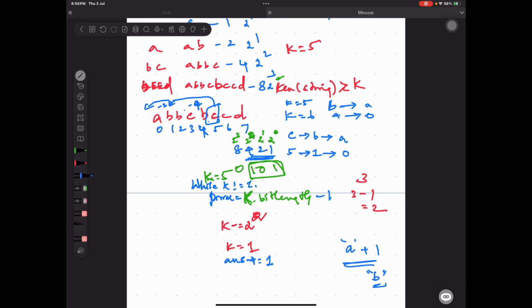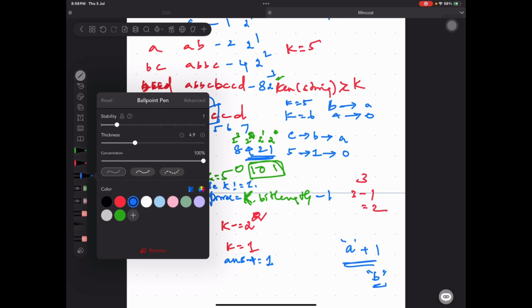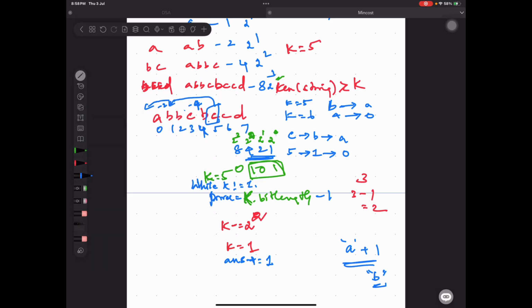Another thing that we have to look into is, let's assume they are giving k equals to 8. So bit length will be the same. Okay, k equals to 8, which means 7. So bit length is same 3, k equals to 8.